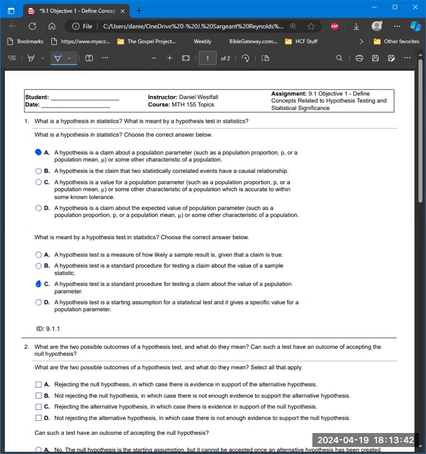My sample gives good evidence that the actual mean or the actual population proportion might be higher or lower, something like that.